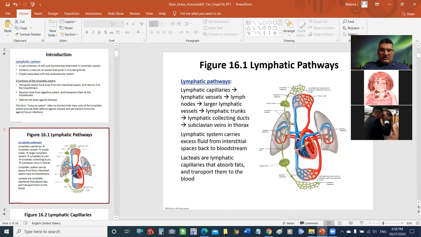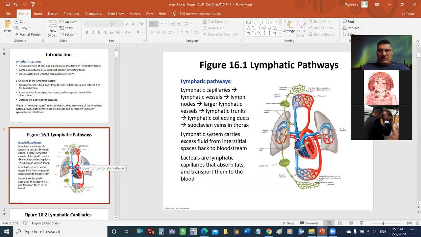It will give you subclavian vein and internal jugular. So this is the subclavian vein. So where does it end? Subclavian vein. So one more time, lymphatic capillaries to the lymphatic vessels, passing through the lymph nodes, larger lymphatic vessels, lymphatic trunks, collecting ducts to the subclavian.